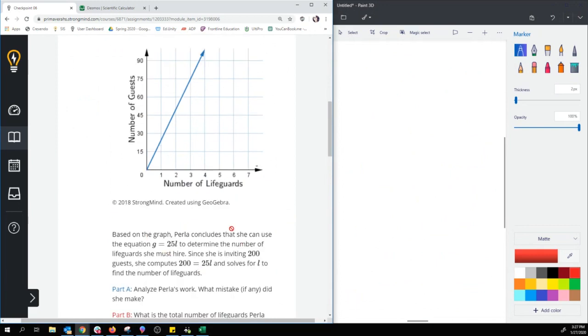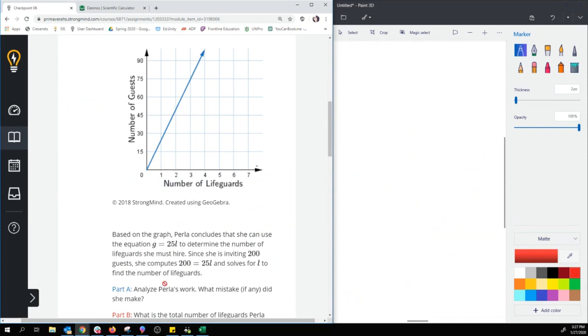It says that she concludes that she can use the equation G equals 25L to determine the number of lifeguards she must hire. Since she is inviting 200 guests, she computes 200 equals 25L and solves for L and finds the number of lifeguards.